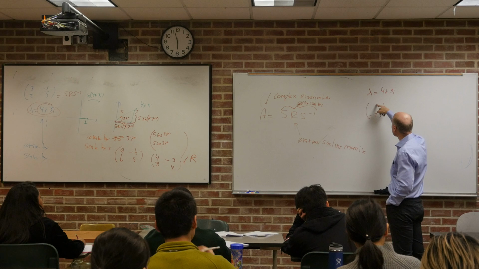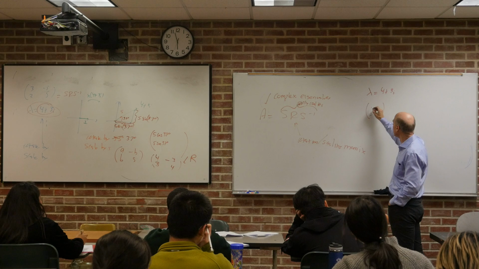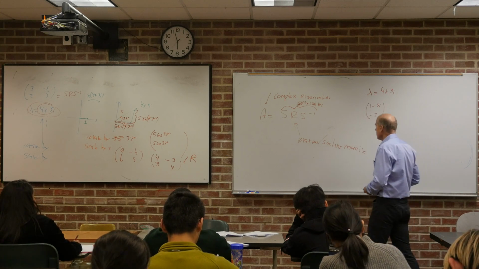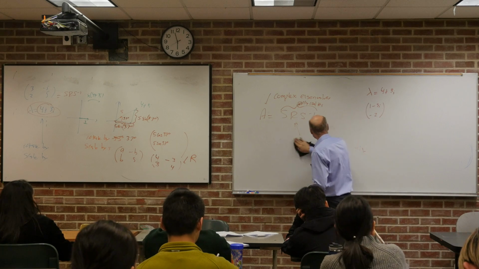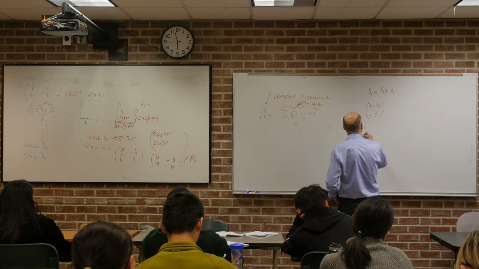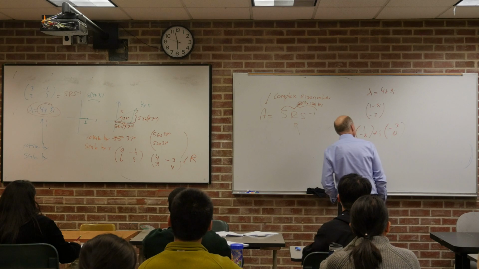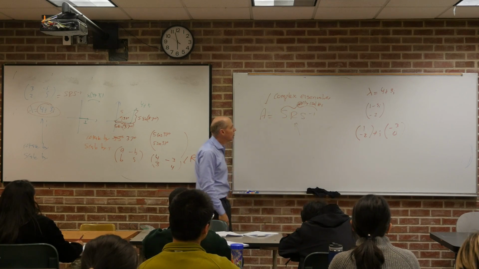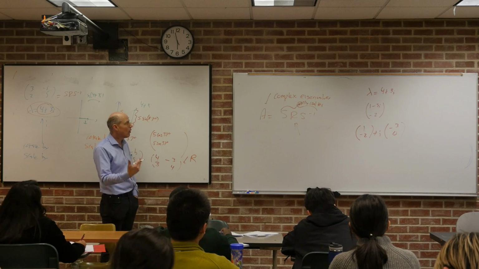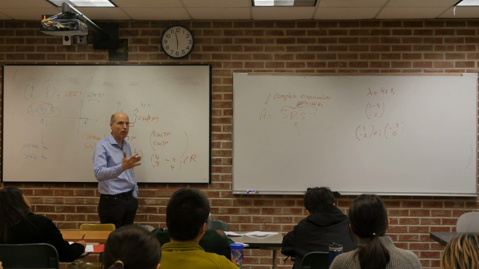So it was a -2, and what was the top there? 1 minus 3i. Is that right? Yeah. So again, I'm showing you the mechanics. This actually works. You're going to break the eigenvector down into a real part plus i times another real part, the real part and the imaginary part.